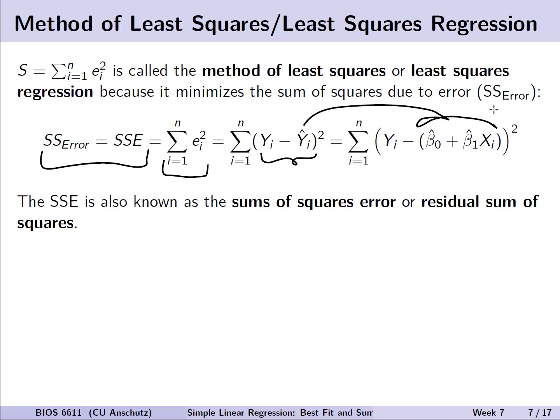So we're writing the same equation in different ways because you will encounter it in different notations and presentations depending on the problem. Another thing to note is that the SSE is also known as the sum of squares error or residual sum of squares. It has a couple of different names depending on the context and the presentation.